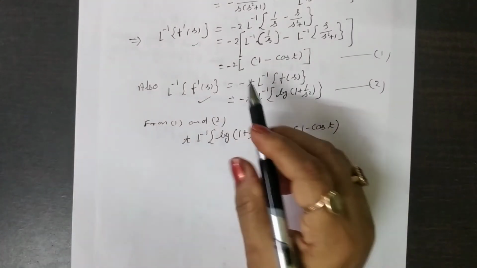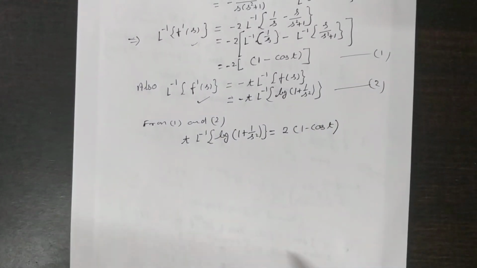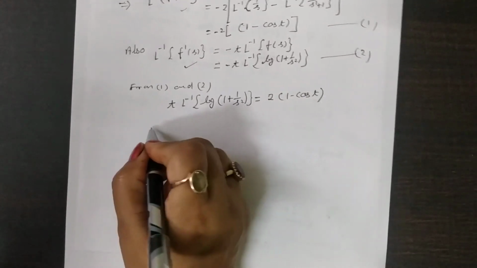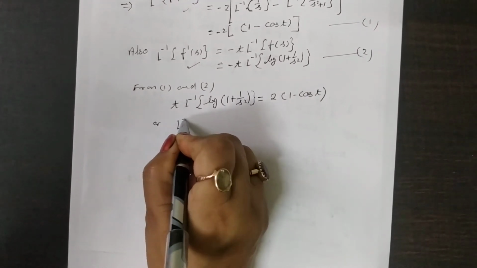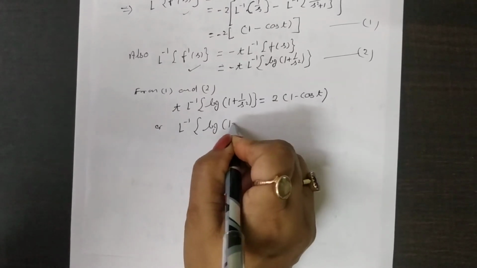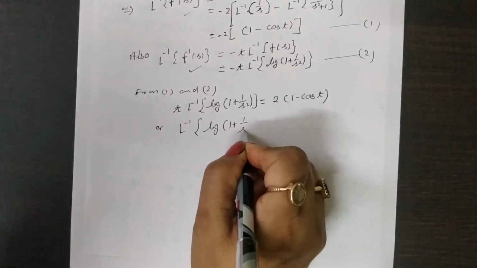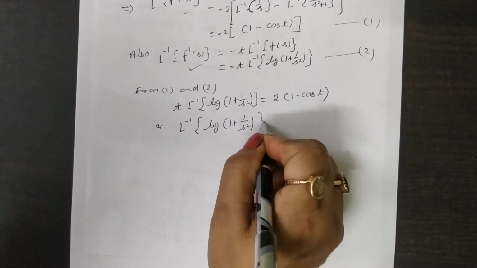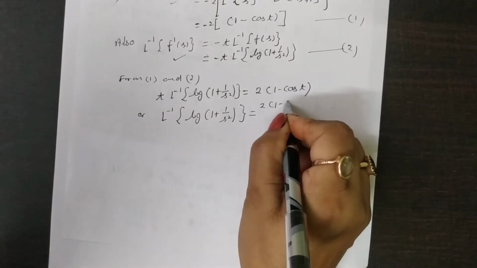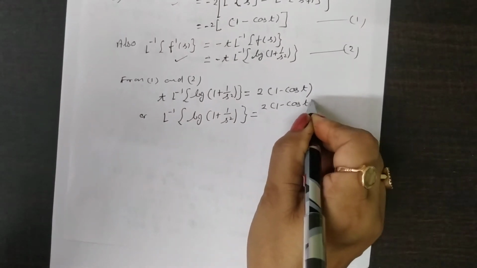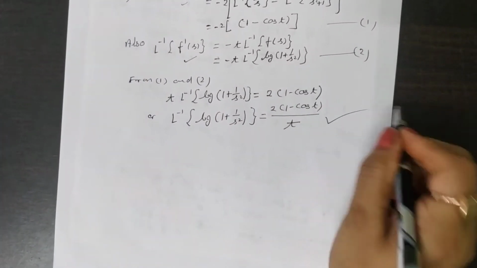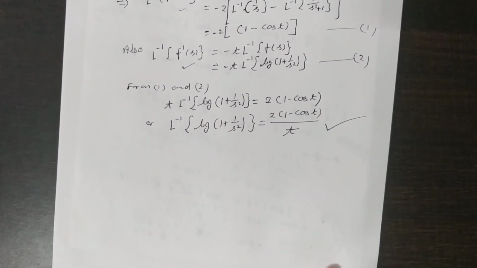Yes, minus cancels out, so according to the question, Laplace inverse of log(1 + 1/s²) is equal to 2 times (1 minus cos t) divided by t. Yes. Okay, students, I think you have cleared it.